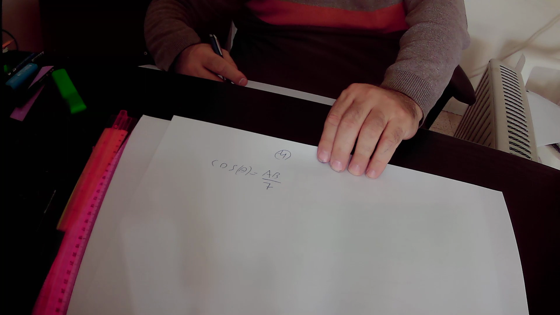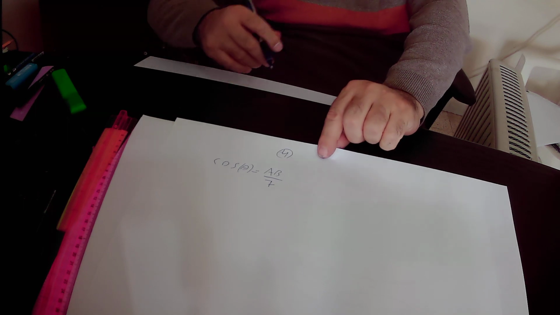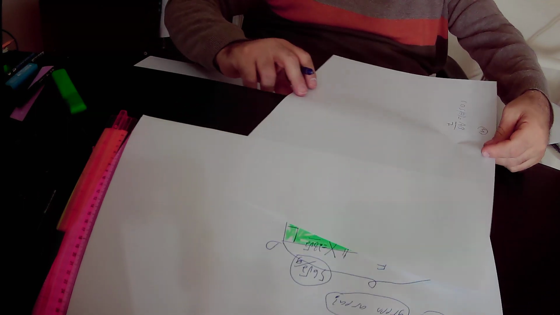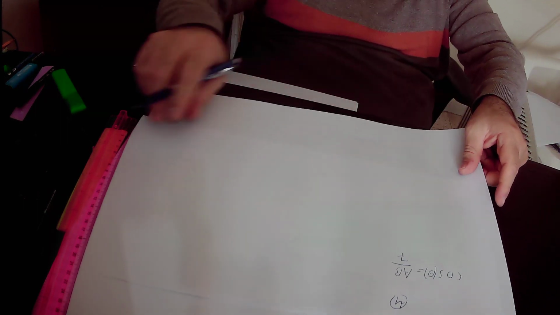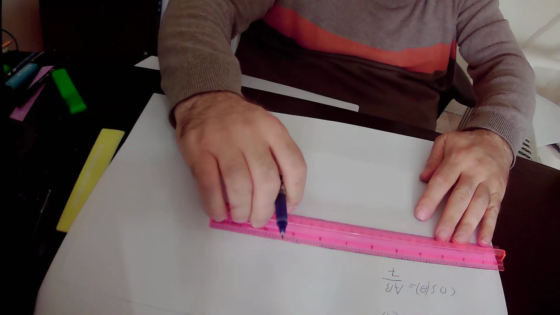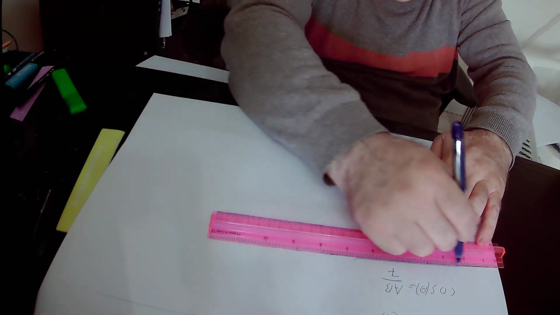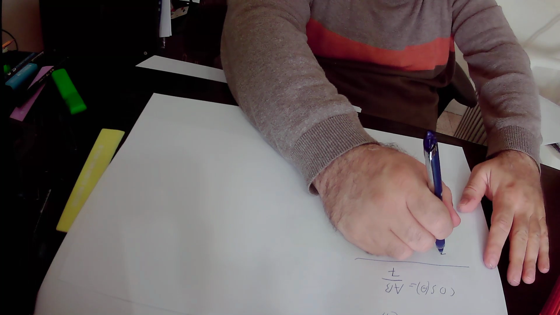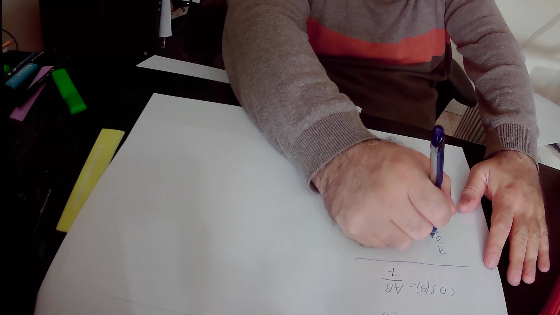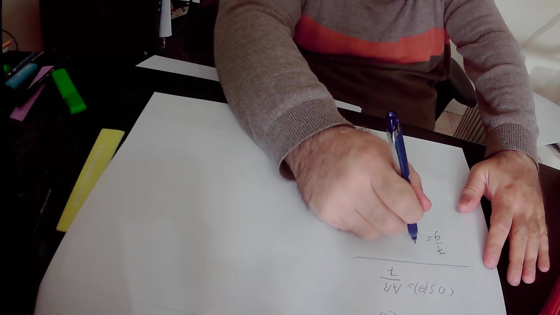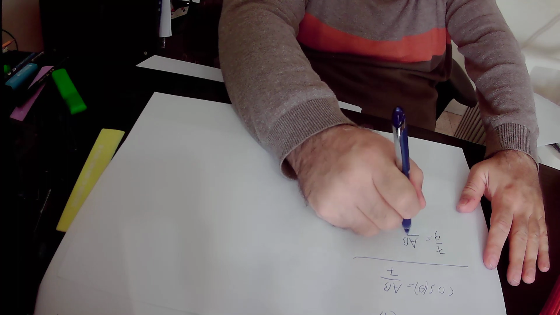But we have already found out that cosine theta equals 7 over 9, so we can substitute cosine theta by 7 over 9 in this equation. And we get that 7 over 9 equals AB over 7.